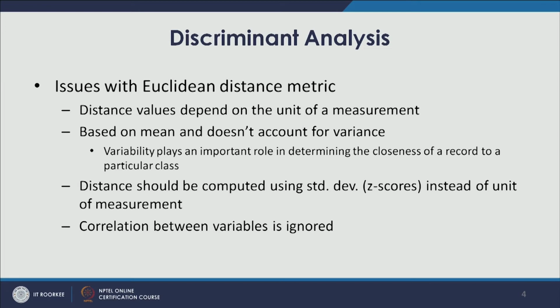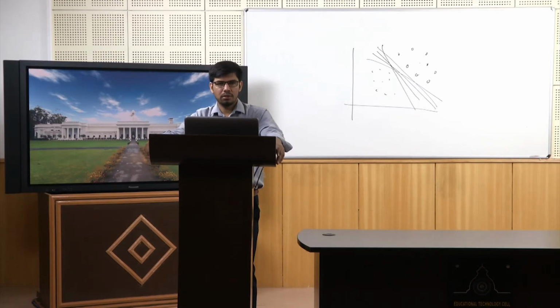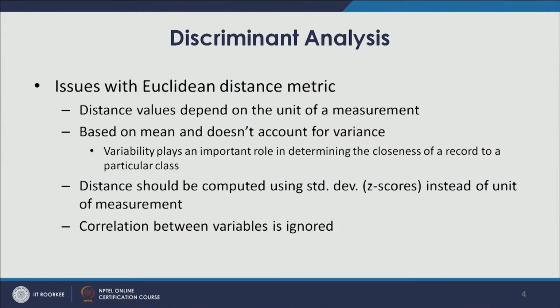If we have two variables, one measured in square feet and the other measured in hundreds of square feet, of course the actual values are going to be different, and when they are used in the Euclidean distance metric, one particular variable would dominate the distance. Therefore the distance values are going to be dependent on the unit of measurement. That is quite problematic in some data sets. So that is one problem.